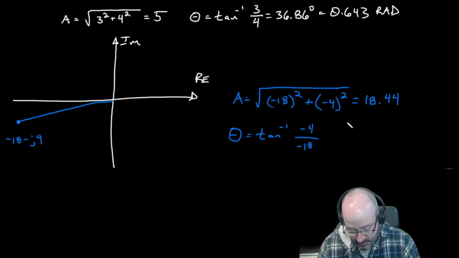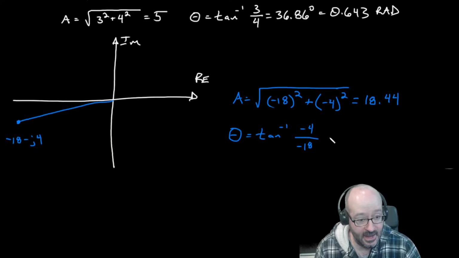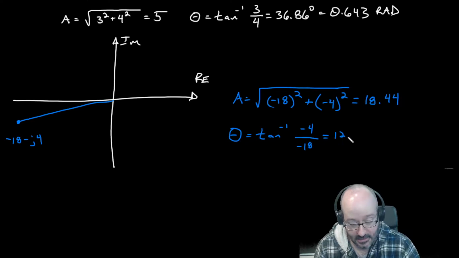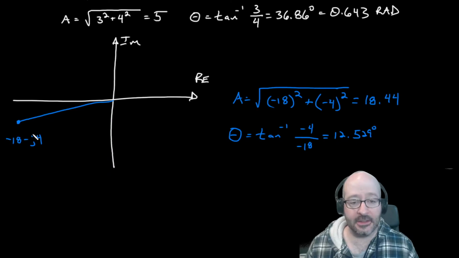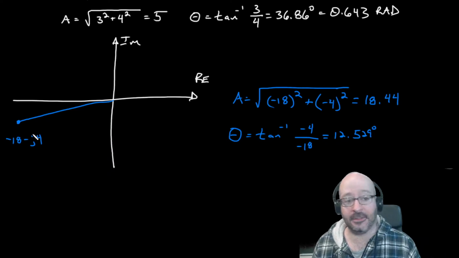And I'm going to do negative 4 over negative 18. And I'm going to take the inverse tangent of that. Go. And I will get 12.529 degrees.